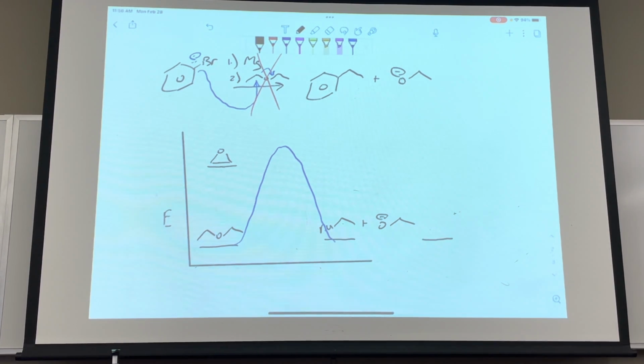This energy diagram is gonna look a little funny, but why did I draw the starting material, the epoxide, so much higher in energy than the ether down here?